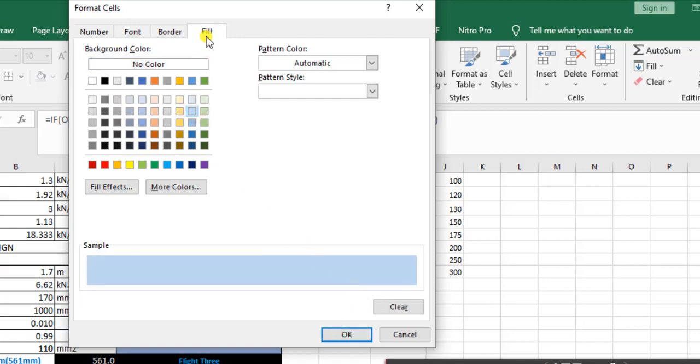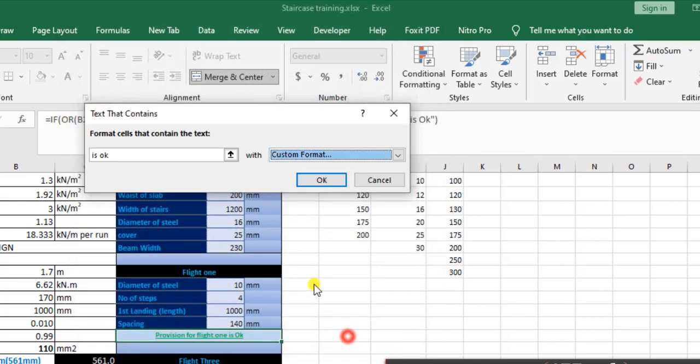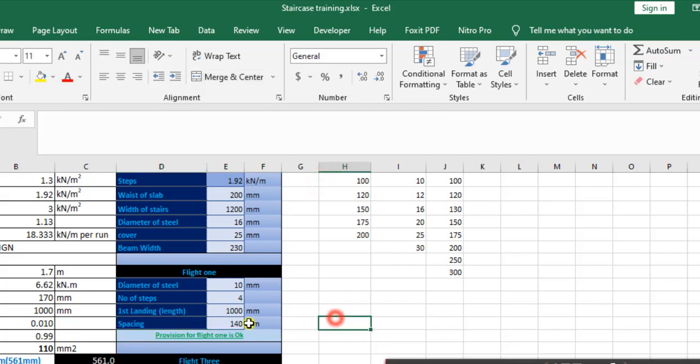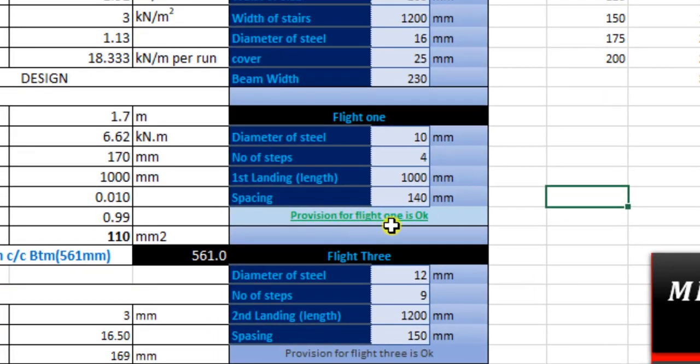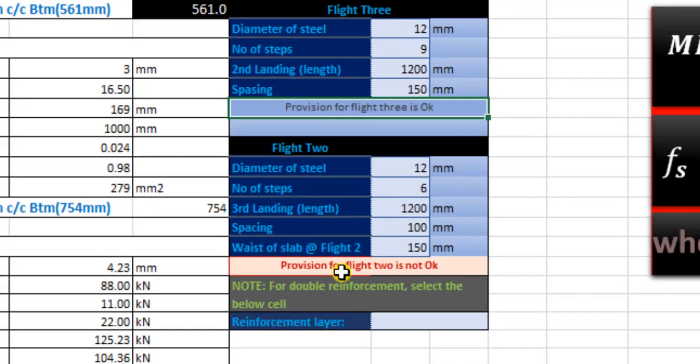And for the font, we also want to underline, single line. Then we click on OK. So now look at it here. "Provision is okay," this is now green. So we can do this for "not okay" as well. You see that? And then "okay." You see the color change and then underline. You can format it like that. The same thing applies for flight 2, flight 3, and so on.